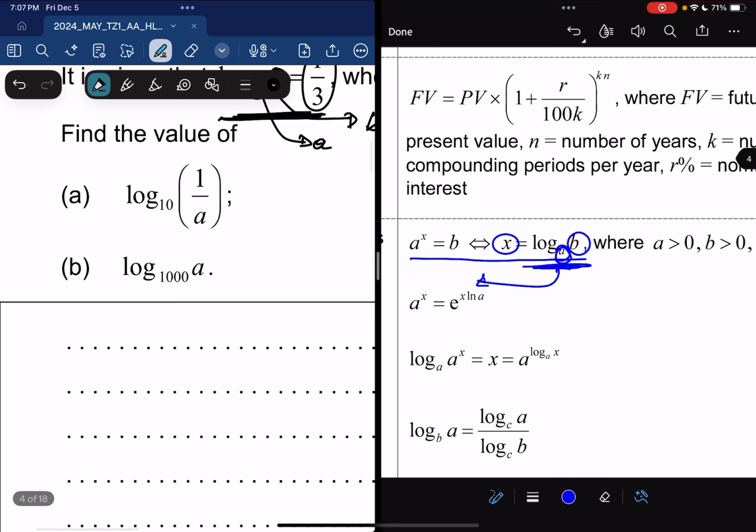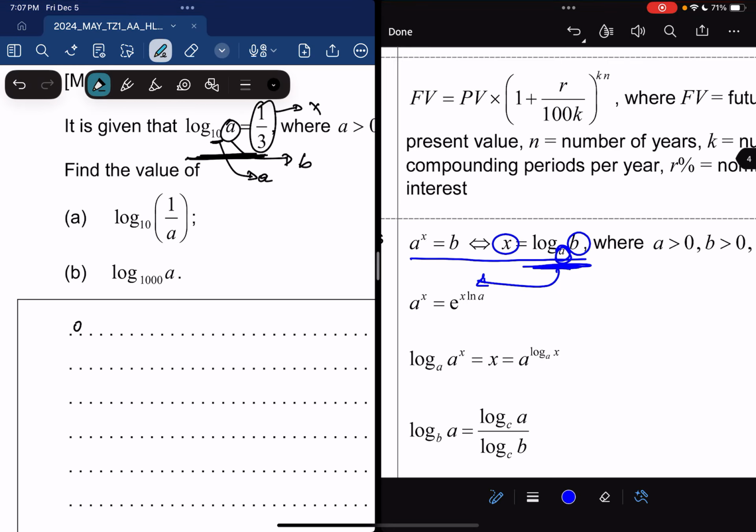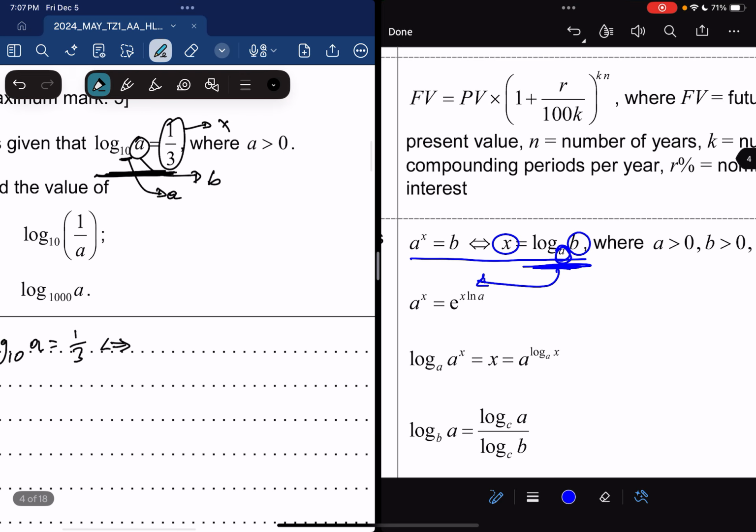Let's do that. So I start with log base 10 of a is equal to 1/3. This is equivalent to 10 raised to the power of x, which is 1/3 right here, is equal to a, which was my b in this case.